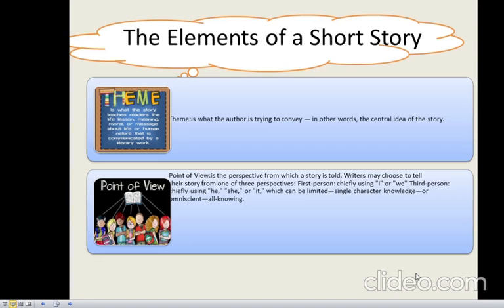Because the author can reveal information or hold information back based on that point of view. And it is really a very important literary device that the author can use to make the story more interesting. So let us recap the 5 elements again.